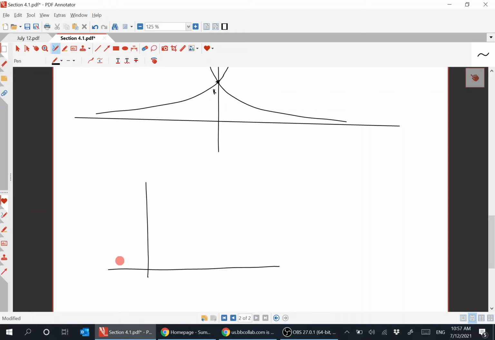This is like y equal to 2 to the x. And then y equal to 3 to the x would look a lot the same, but just climbing up faster and heading down here faster. So the larger the base gets, the steeper the curve is.